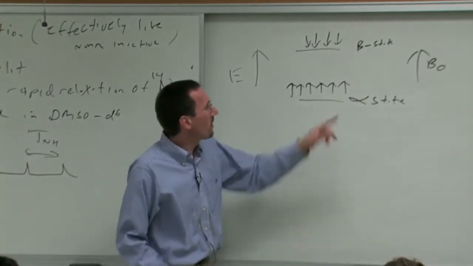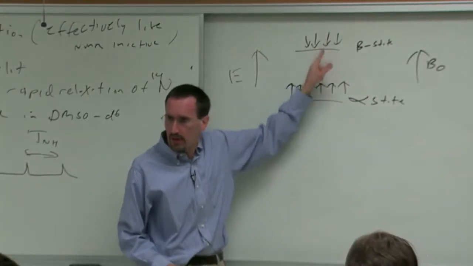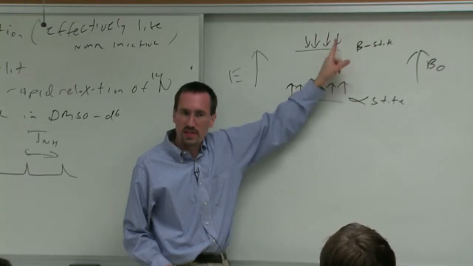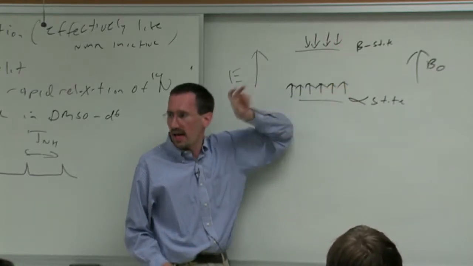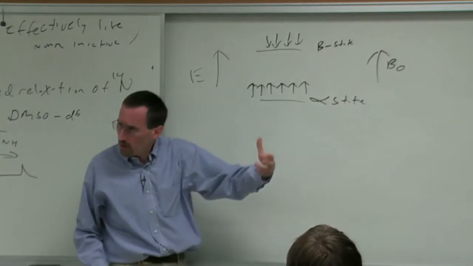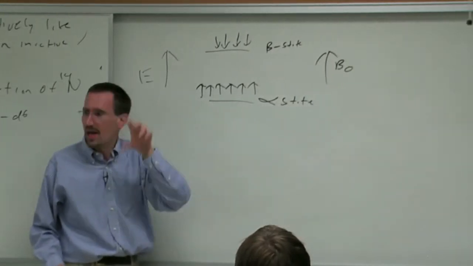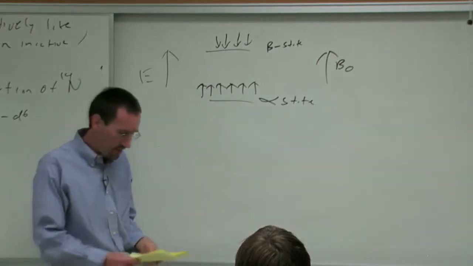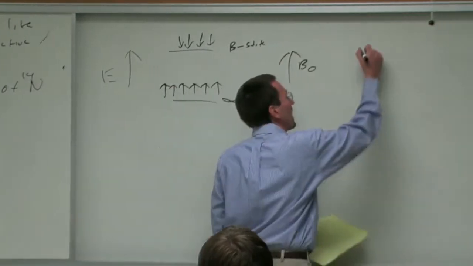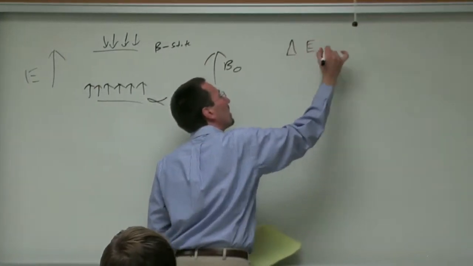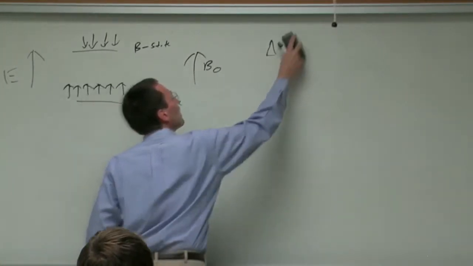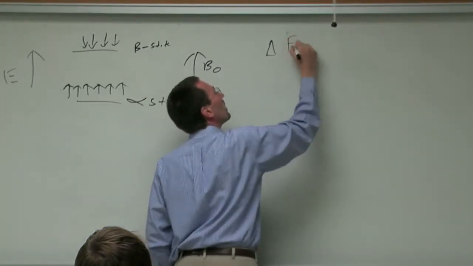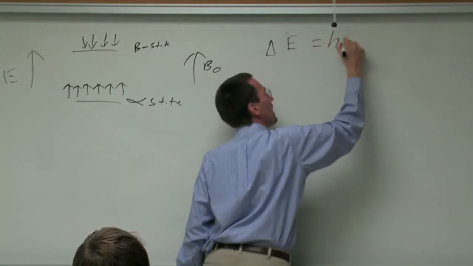And we can think about the energy to flip a nucleus from the alpha state to the beta state as the energy of a photon, in other words, an energy quantum in the electromagnetic spectrum. And that delta E is going to be h nu.